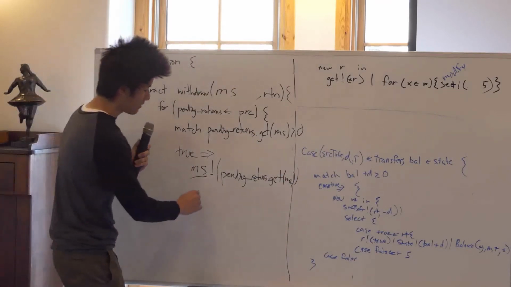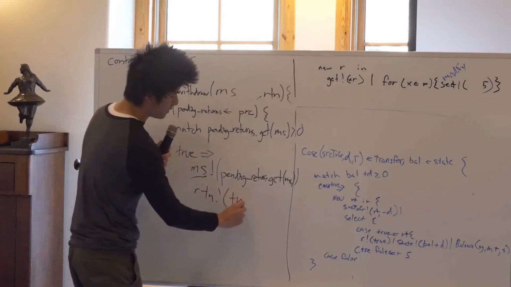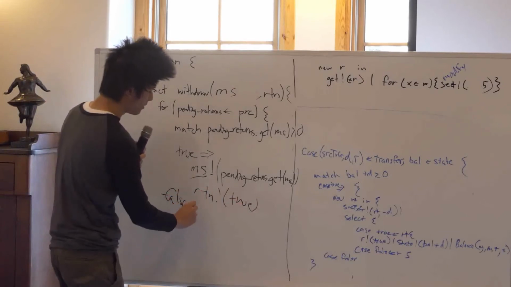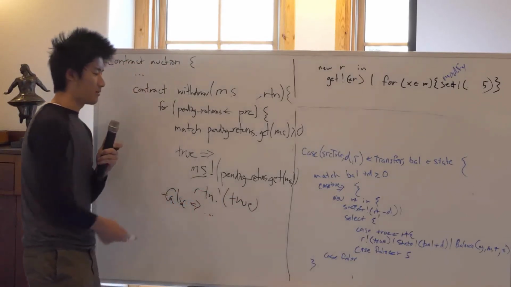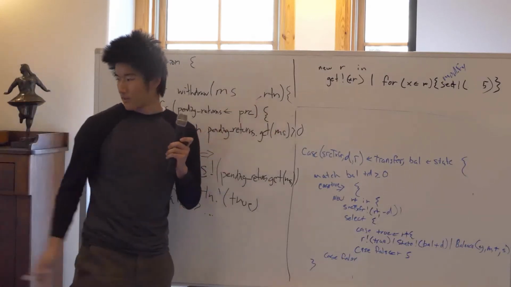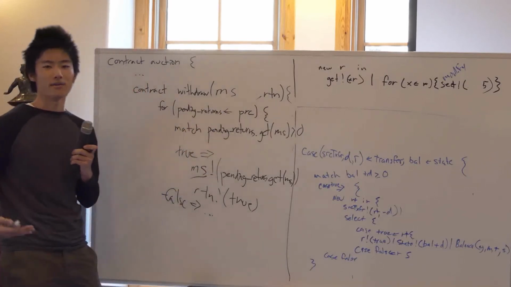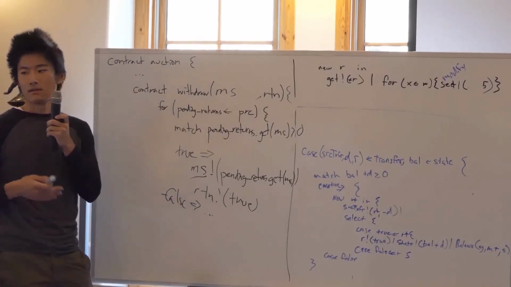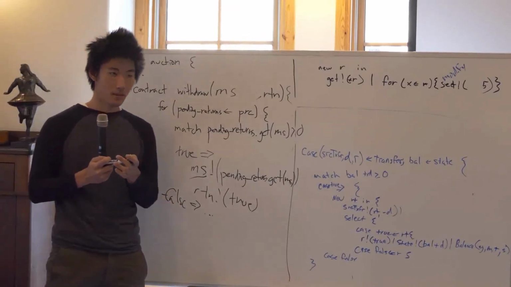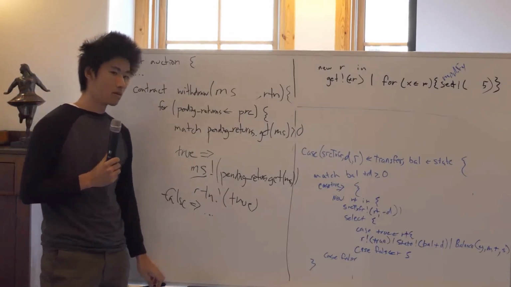Just to finish it up, you have to return, and then there's the false case, but I'm just going to leave this out for now. But this is essentially how what we've been building up so far is going to manifest itself in user-defined contracts. Hopefully this addresses almost in total your questions about double spend.